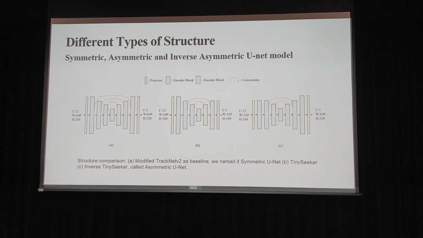In Figure C, we present an inverted configuration compared to TinySeeker. This configuration features a low resolution input and a high resolution output. We propose architectures B and C to evaluate whether input features or output resolution are more critical in reducing computational demands. It is important to consider the potential limitations of each approach.